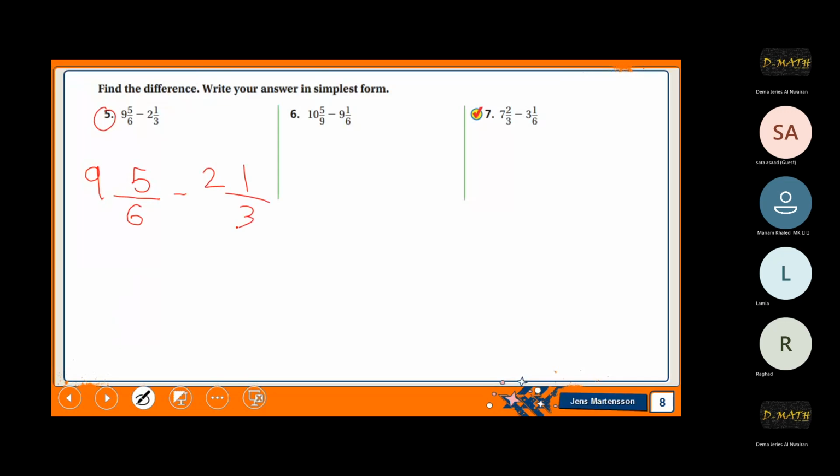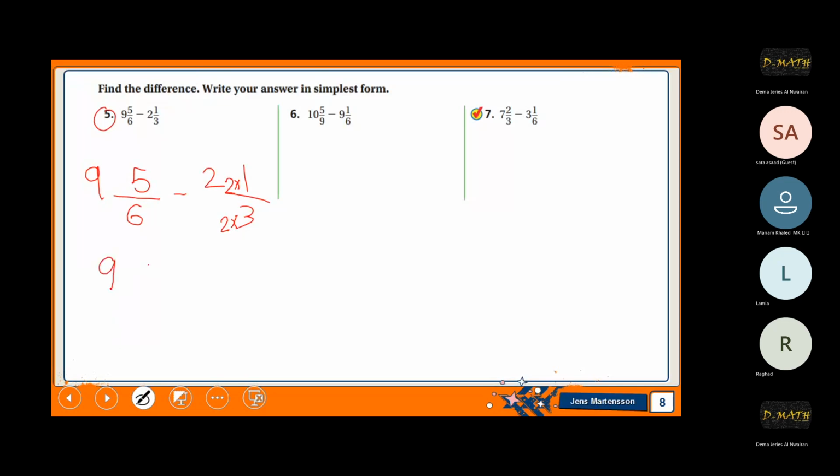Yes, Muna, on the board. Now look at Muna. Muna found that 6 and 3 are not the same. But she will find a smart way. What is the smart way, Muna? Bravo. She asked herself, what is the number that I multiply it by 3, I get 6? She said 2. So that's so easy now. Yalla, continue.